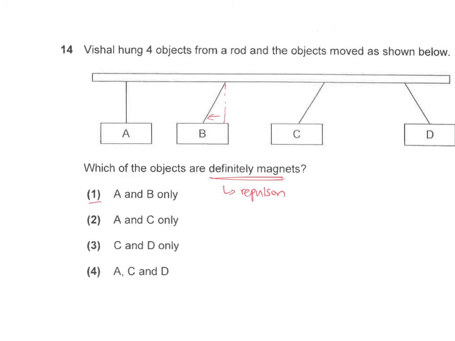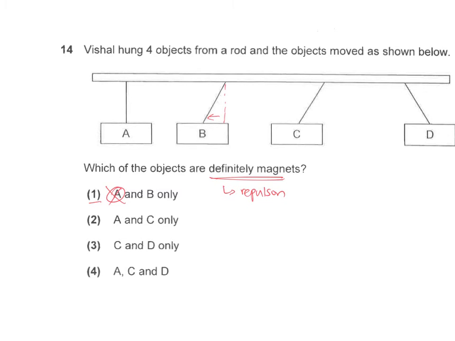Now this can possibly happen due to C repelling B, all right? This could show that if C and B are repelling each other, they could be magnets, all right? But in this case, A is staying put, unaffected, so we can definitely say that A is not a magnet.